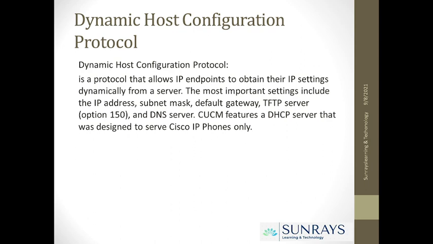So DHCP is the one that gives every phone a unique IP address, and through that unique IP address they talk to the switch, and from the switch our data goes out, or the communication happens, in simple layman language.